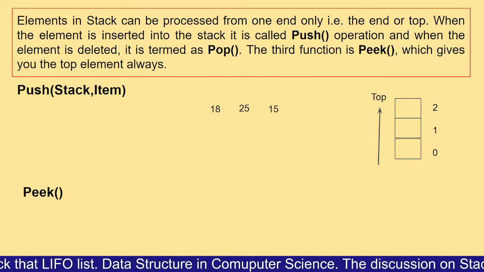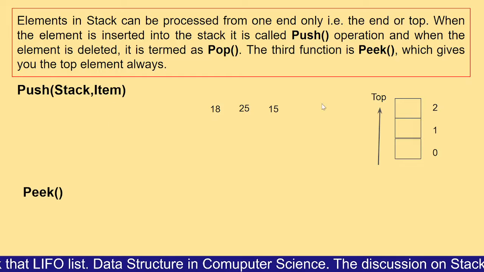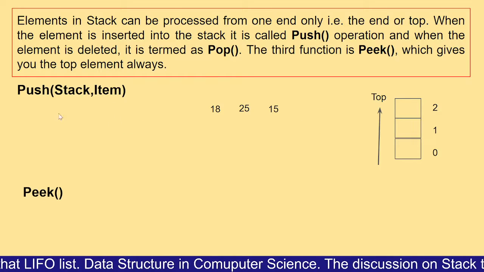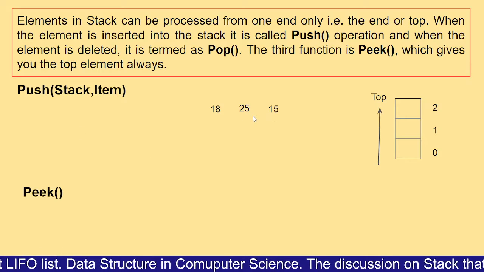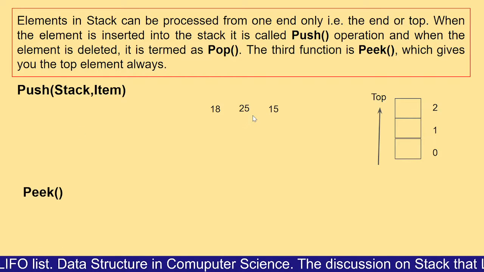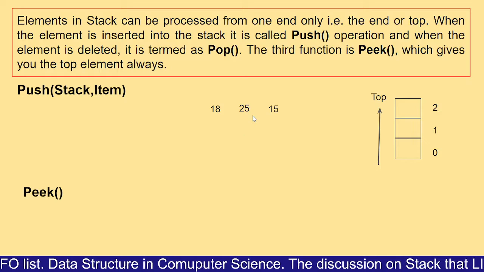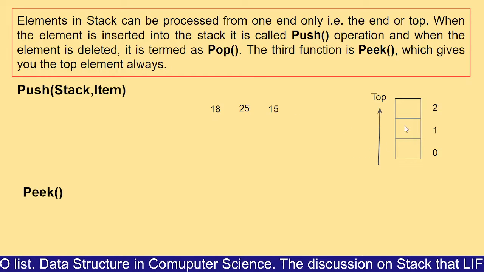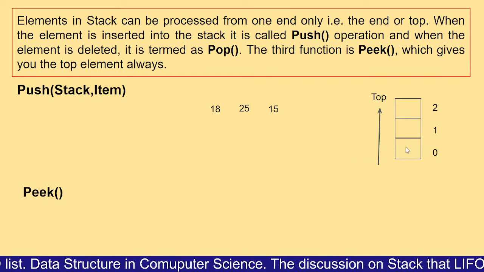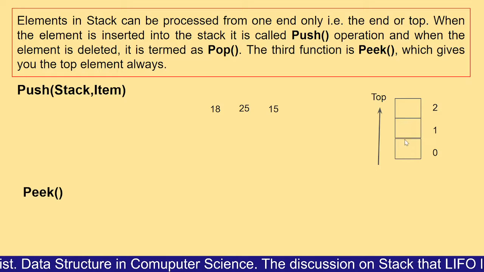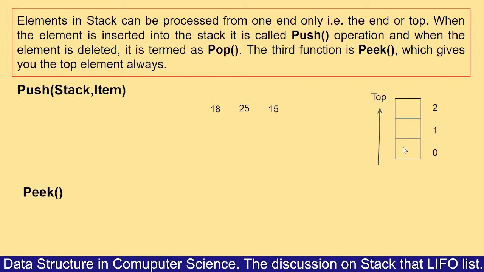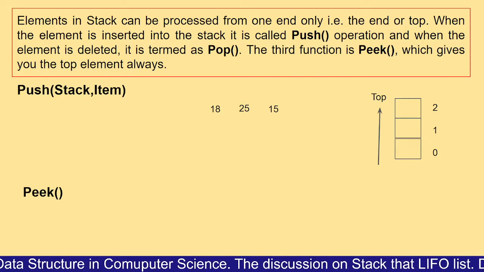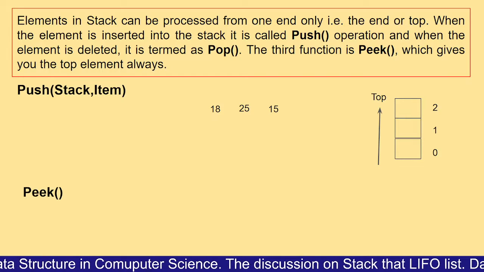See here, this is a diagram. We have functions like push, pop and peek. So here I have three elements like 18, 25 and 15, and this is a stack. If you push any element, I'm going to push 18, then 25, then 15.